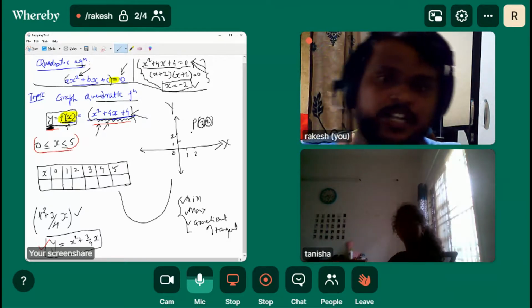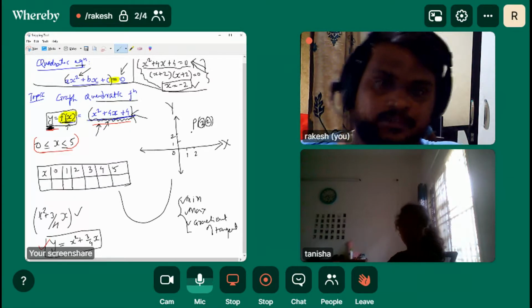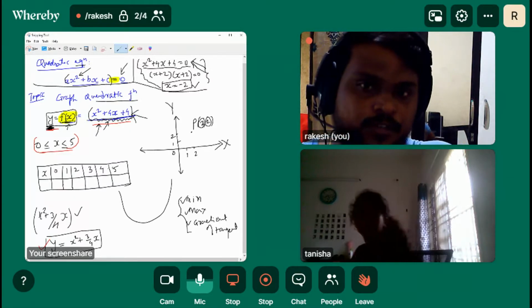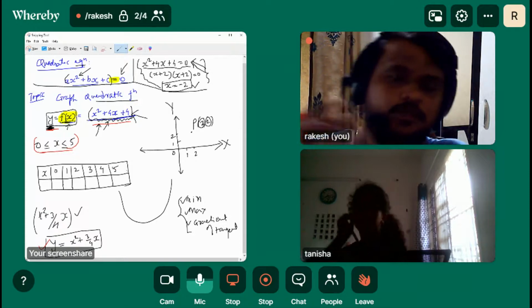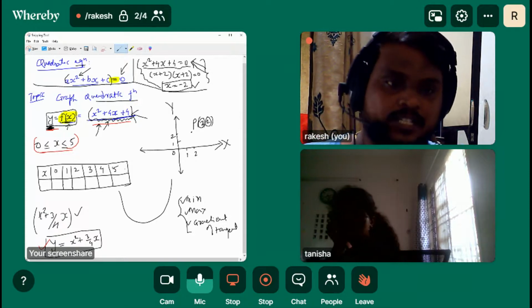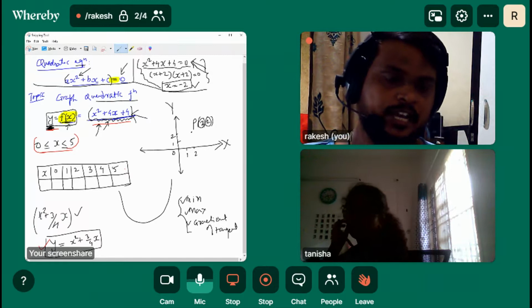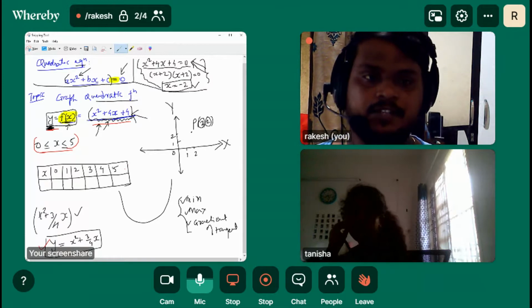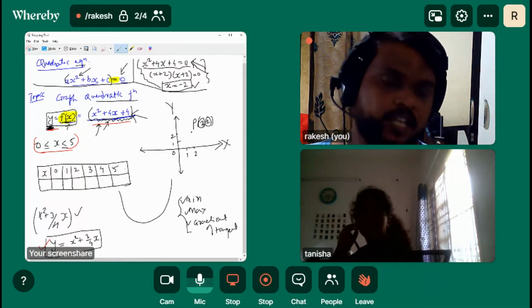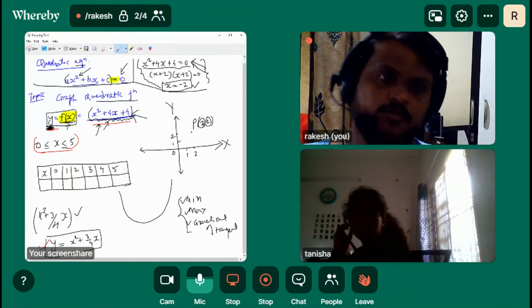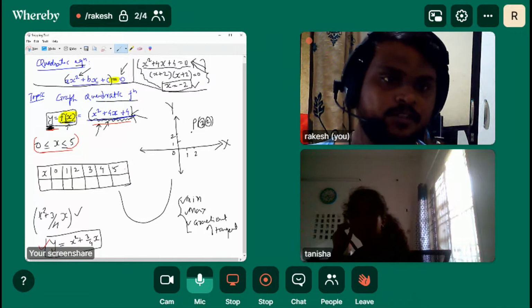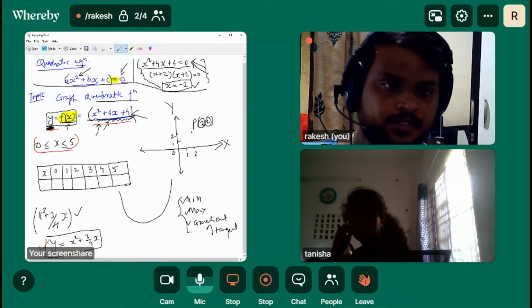If it is provided, it is good for us, we can select the points given here: 0, 1, 2, 3, 4, 5. If it is not provided, we can take our own convenient points, find the corresponding y values, plot those points on the xy plane, and draw the smooth curve. That is the graphing of a quadratic function.